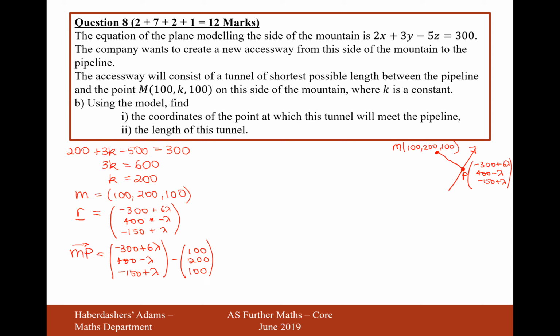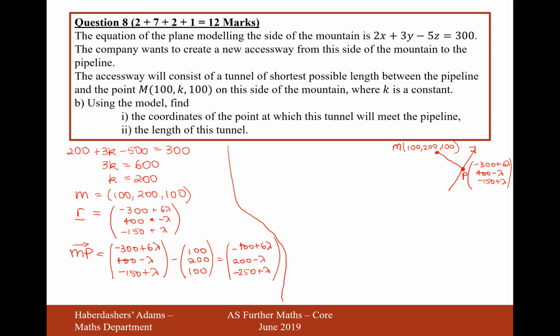So that's how you get from M to P. You do P take away M. So let's now do the subtraction. It's (-400 plus 6 lambda), and then it's going to be just (200 minus lambda), and then (-250 plus lambda).